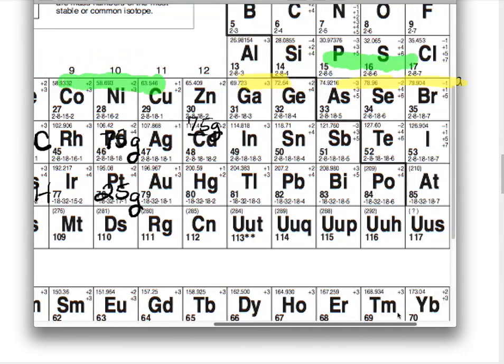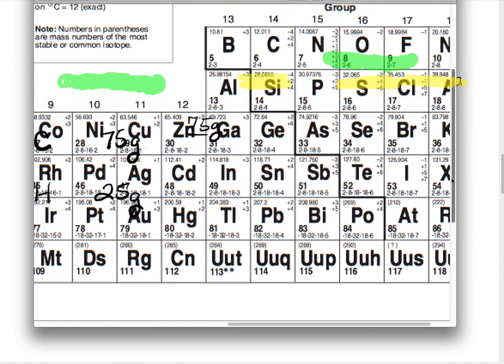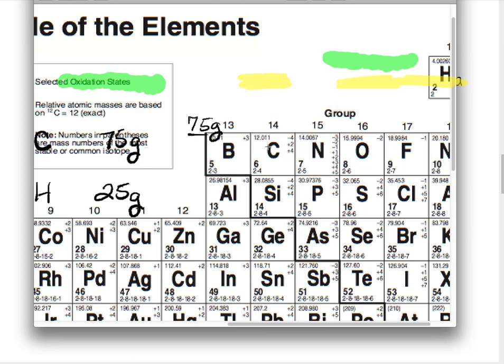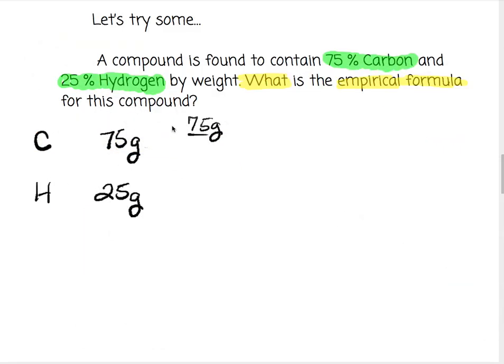Carbon all the way over here and up here. Carbon's atomic mass is 12.011. We're going to round that to the nearest tenth. So we're going to take 75 grams and round that 12.011 to 12.0 grams per mole.